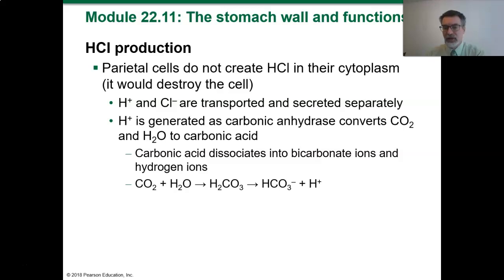Hydrochloric acid production. How do we do that? The parietal cells produce hydrogen ions and chloride ions and secrete them separately into the lumen of those gastric pits. How do we do that? Same way that our red blood cells did some of these activities, right? Our cells are doing cellular metabolism. They're producing carbon dioxide.